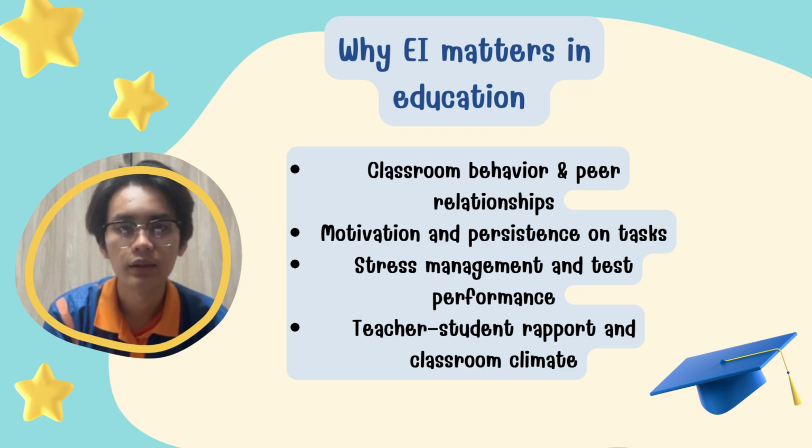The second is Goleman's mixed model, which includes skills like self-awareness, self-control, empathy, motivation, and social skills. Together, these models help us understand how emotional intelligence affects students in real-life situations.